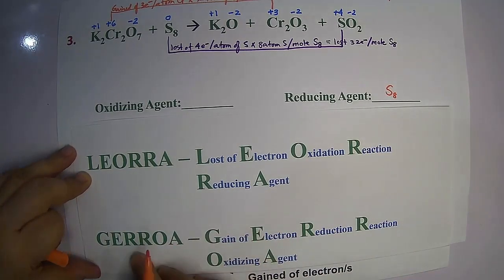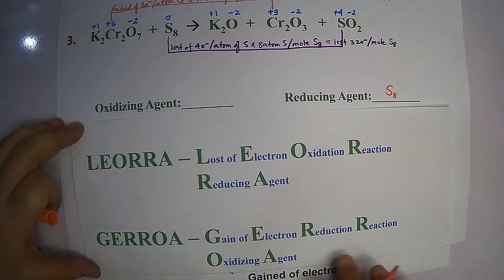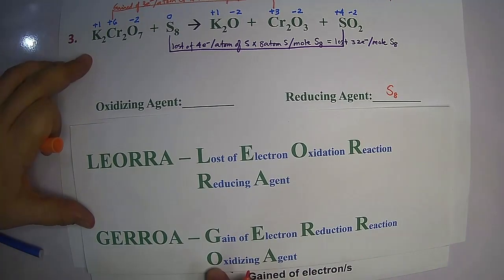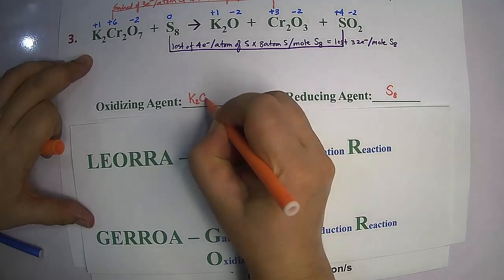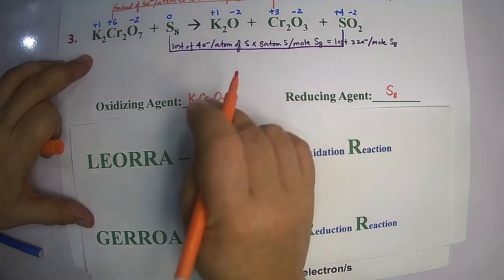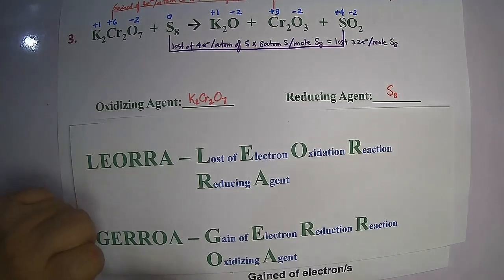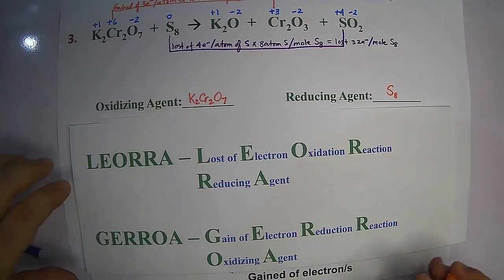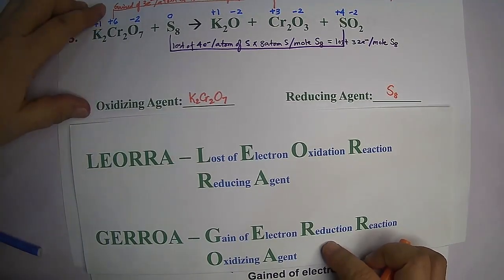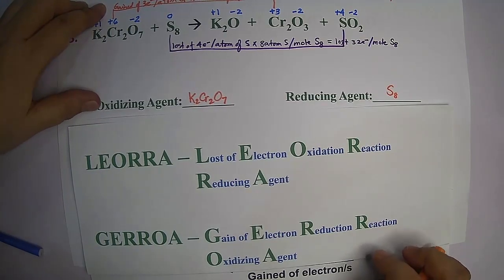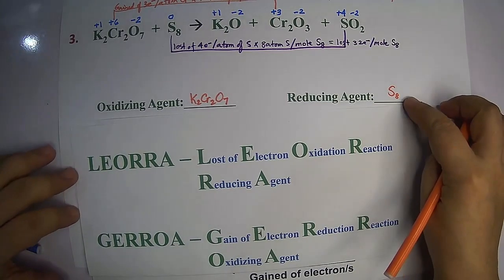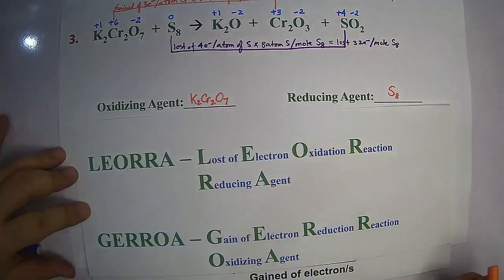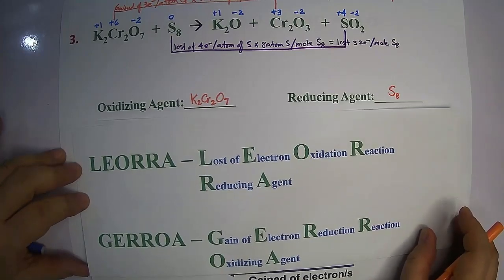If you gain electrons, you undergo reduction and that is the oxidizing agent. So it is the potassium dichromate where chromium is part of it. The element that is reduced is chromium, but the oxidizing agent is the whole compound where it belongs, that is the potassium dichromate. Here sulfur is uncombined, so it is simply the sulfur crystal.